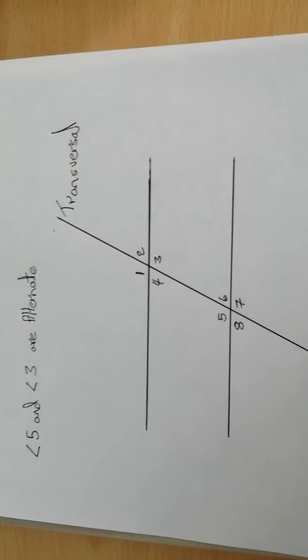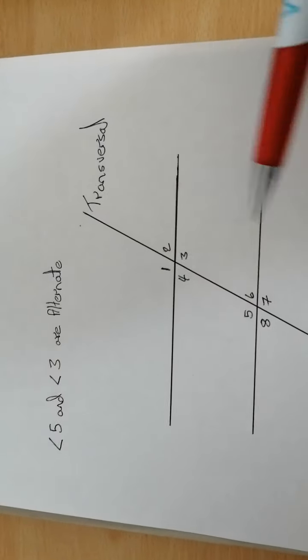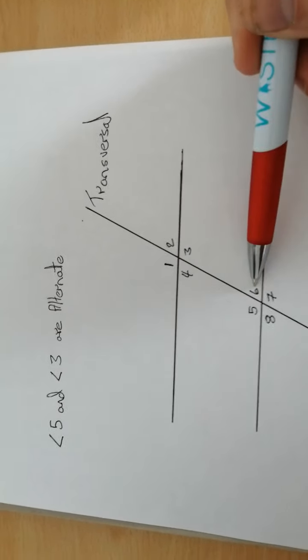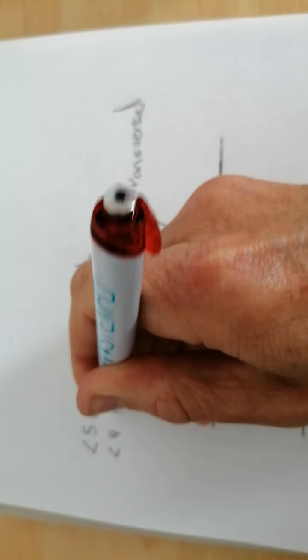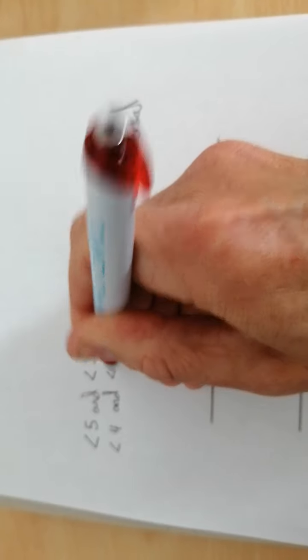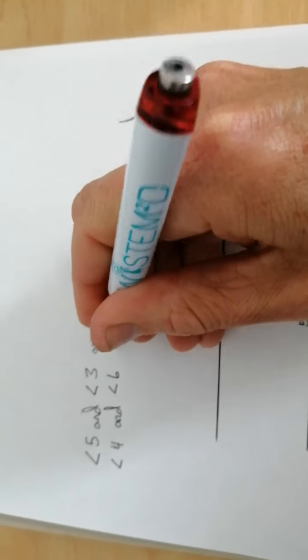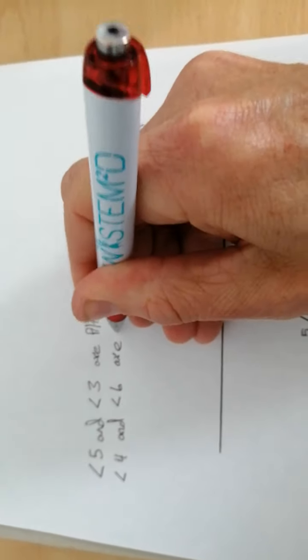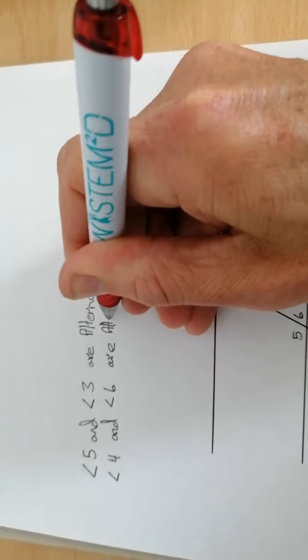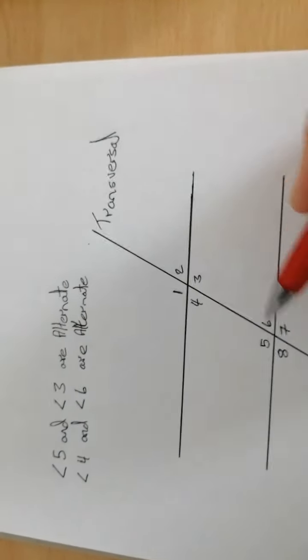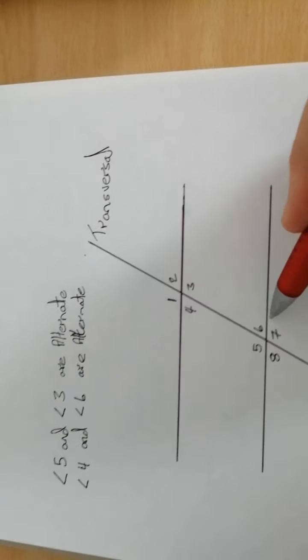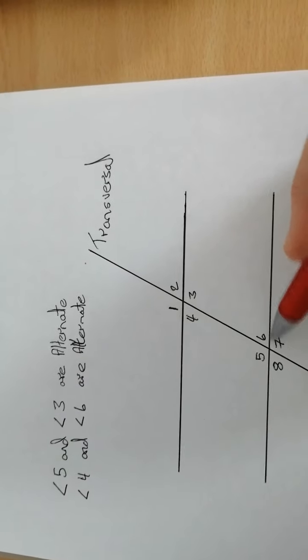Okay, so if you have paused and had a guess, the answer is it's 4 and 6. So I'm just going to write that down up here. Angle 4 and angle 6, that's the notation we use, are also alternate. Okay. So angle 4 and angle 6, they both look like they are acute angles, less than 90 degrees.